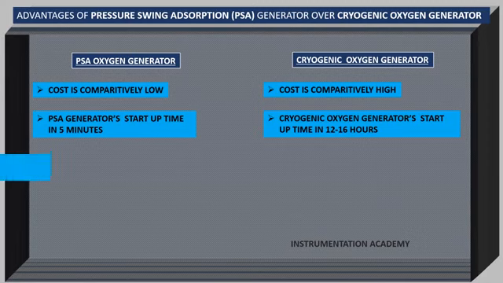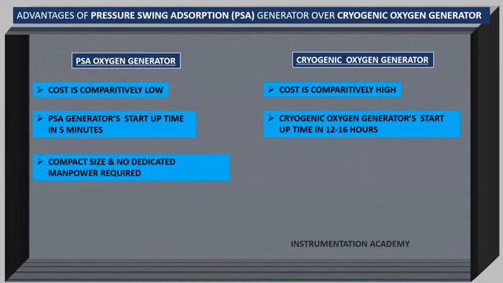A PSA oxygen generator is a very compact size unit and does not need dedicated manpower. It keeps working round the clock without any supervision. While a cryogenic oxygen plant is very large equipment requiring a lot of sophisticated controls and the maintenance cost is also high. So dedicated manpower is needed to monitor the operation of a cryogenic oxygen plant.